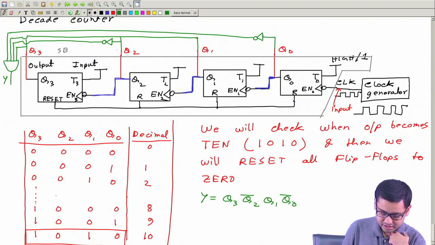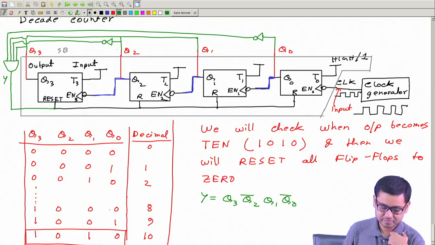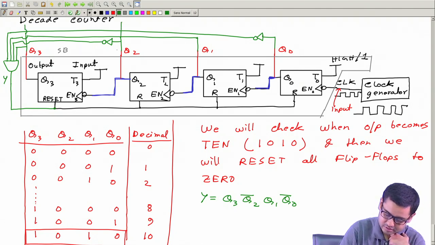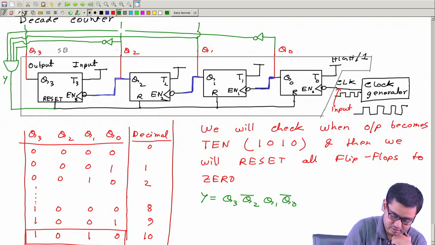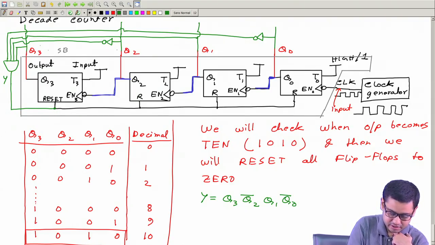Now we will connect this y to this reset. These are the outputs, and I take them, combine them, and connect to reset.